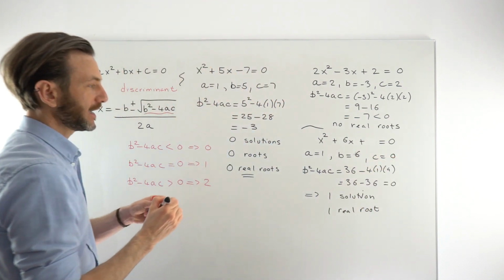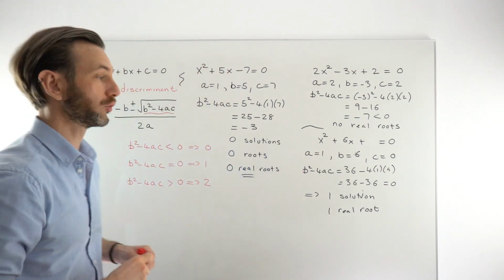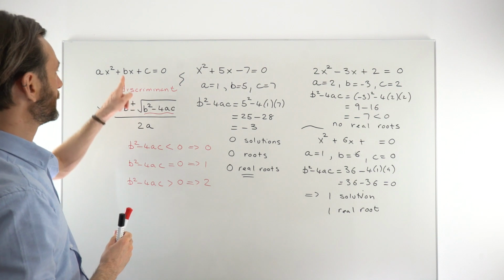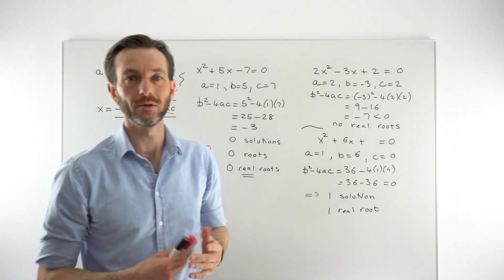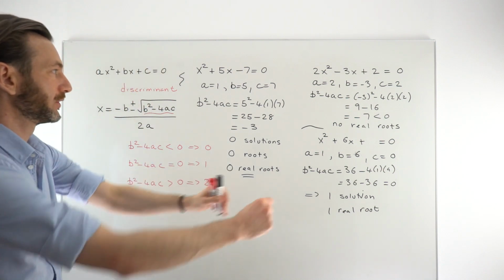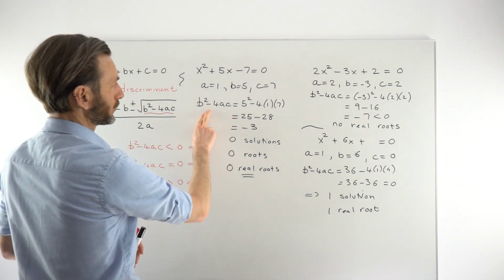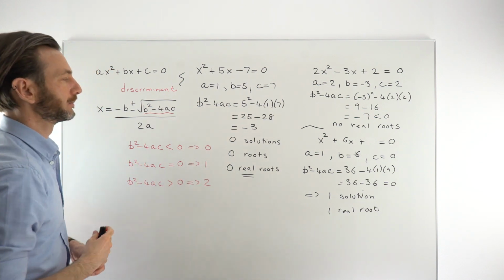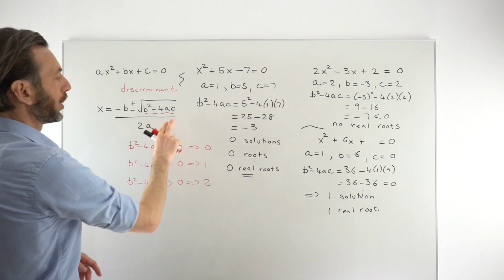You can't have a as 0 because you've got to have an x squared term in a quadratic equation, but you can have a b or a c value as 0. And it's not that uncommon to get those to be 0. So just remember that if you see that, that still needs to be set to 0, and it will still need to be plugged into the discriminant part of the quadratic formula.